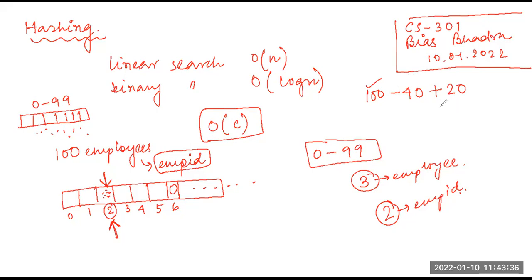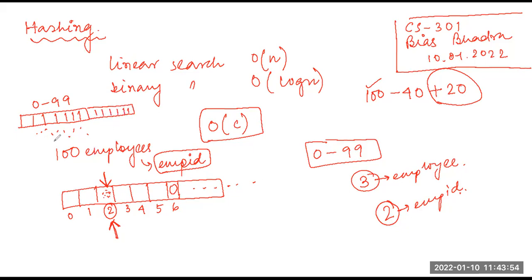But in the third year, when you want to add the details of 20 more employees to the array, can you forcefully do it in between at any location? No, ma'am. You will have to add the 20 elements one after the other.